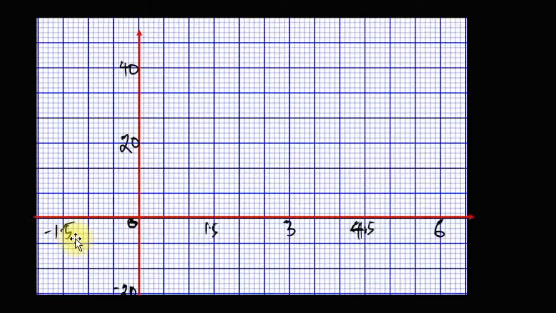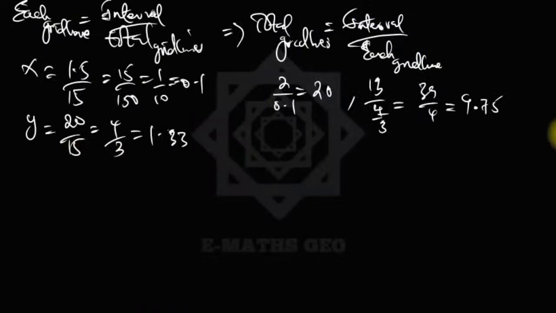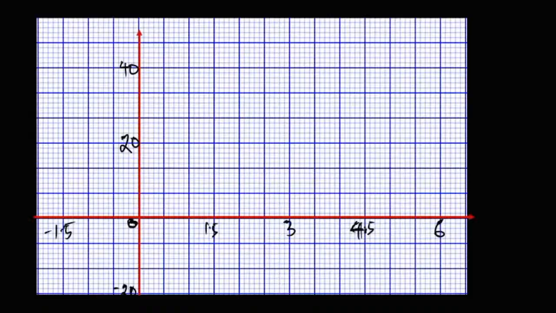Remember 13 is positive, so it's up. I'm counting now 5, 10. This is 9 points, so not up to 10. So it should be here now, 9 point something, closer to 10. So this is the point at x equals 4, y equals 13.